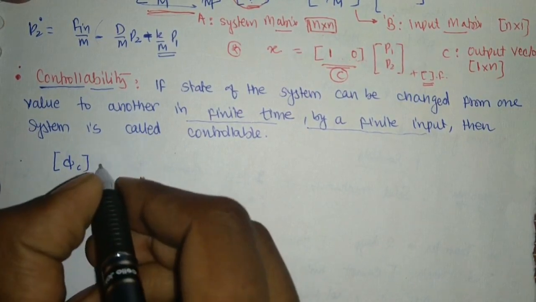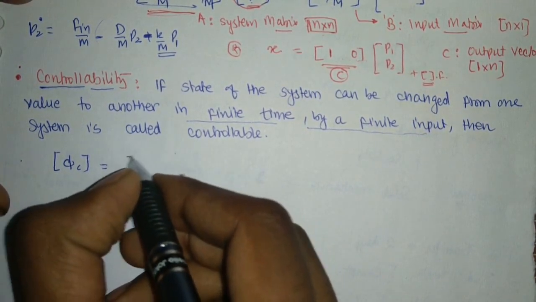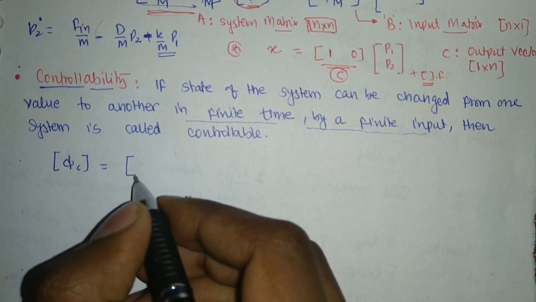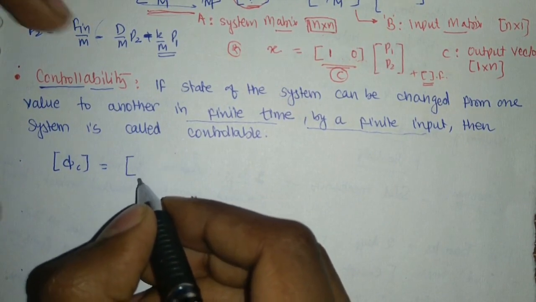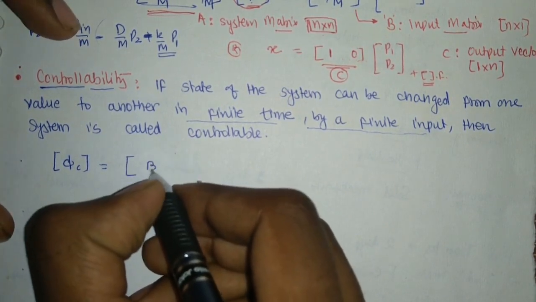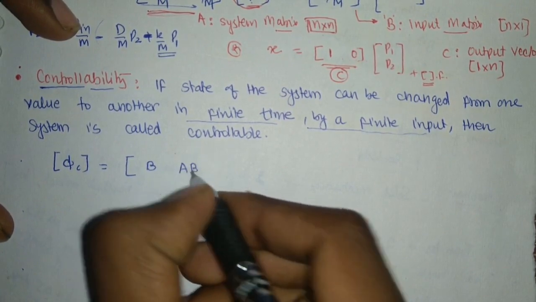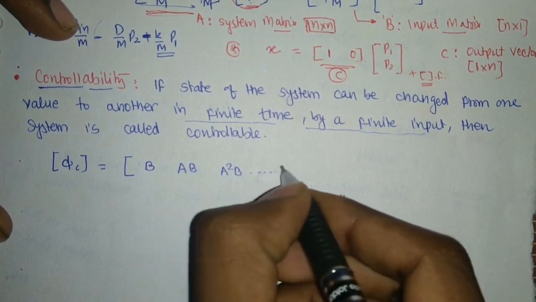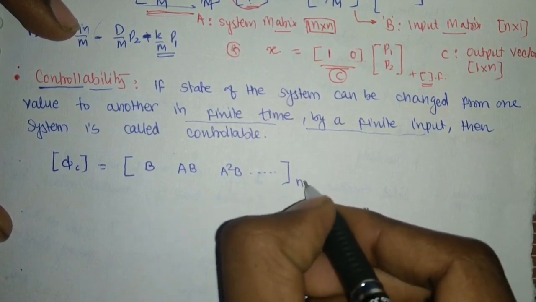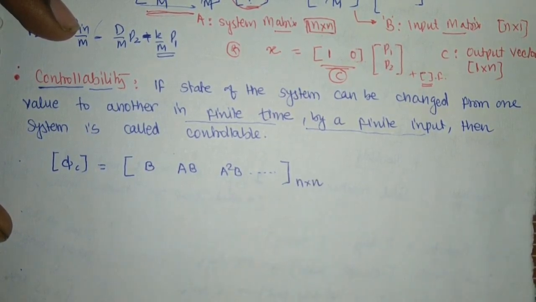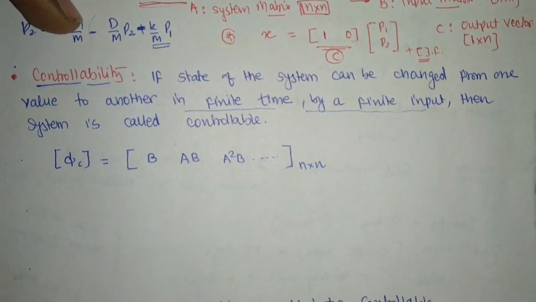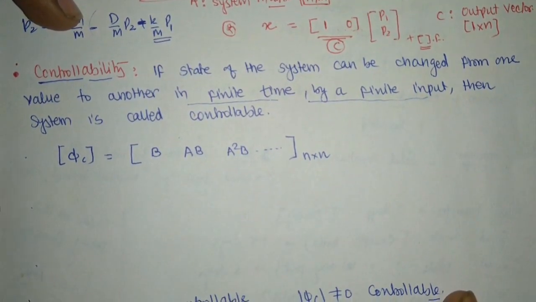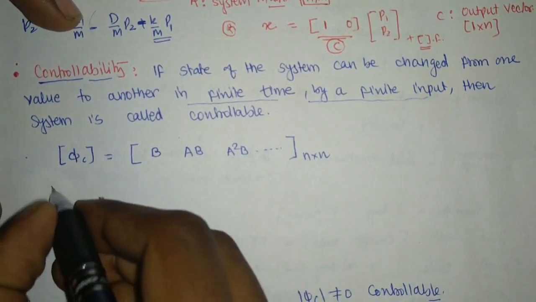That will be defined in terms of phi C, or the controllability is going to be equal to B, then AB, then A square B, and so on up to whatever is the order of my system. For example, in the question that we have done above, the question related to our mass damper system, we had n is equal to 2.